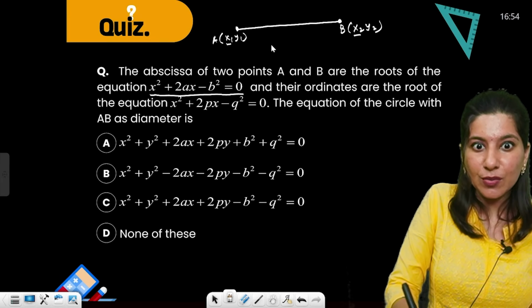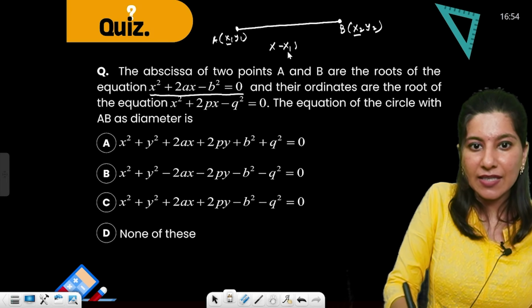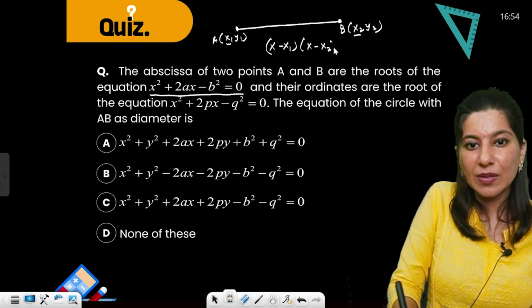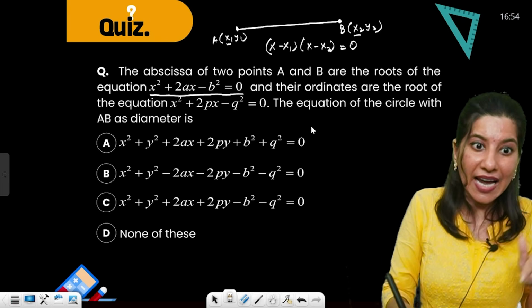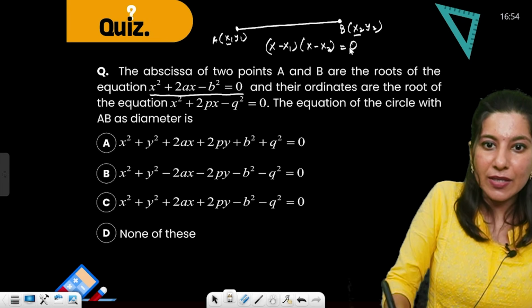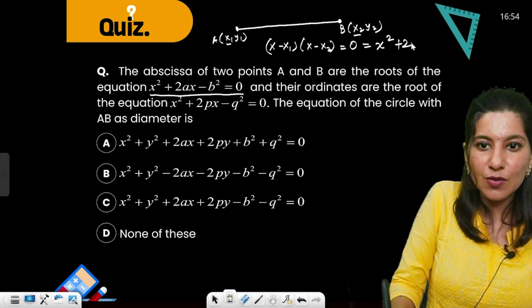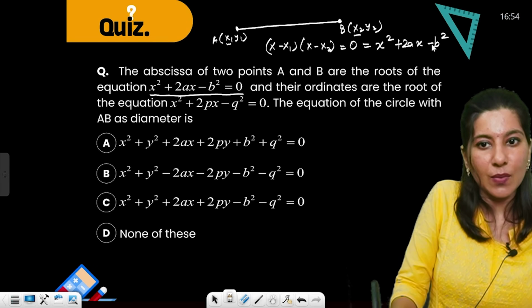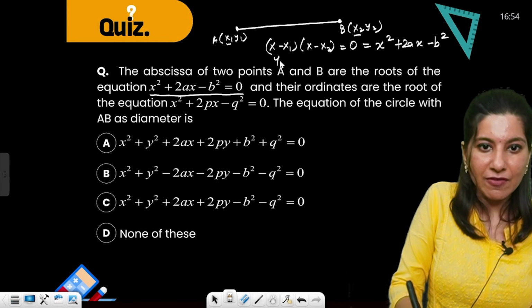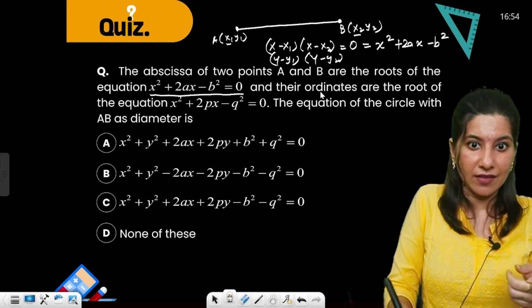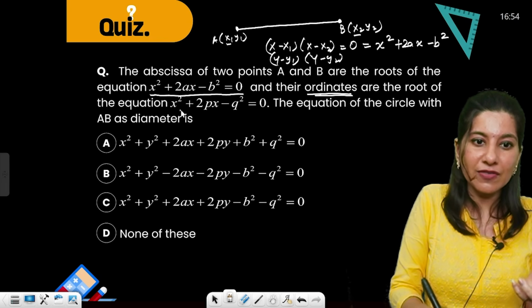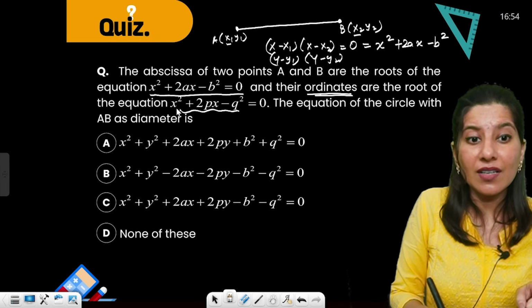So if you try to write the equation, (x minus x1)(x minus x2) will be the quadratic equation given by the abscissa of A and B, and that is x square plus 2ax minus b square. Same for (y minus y1)(y minus y2). Now the ordinate, meaning the y coordinate, are the roots of this equation. But this is given in x.